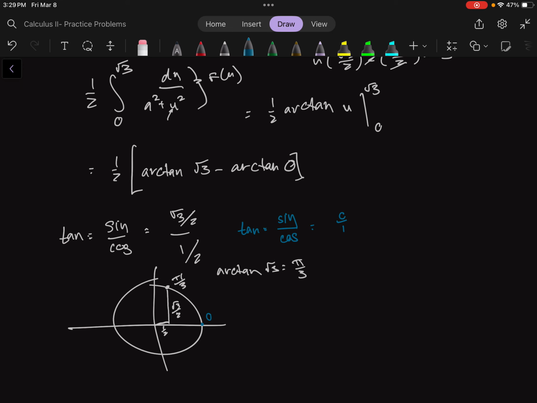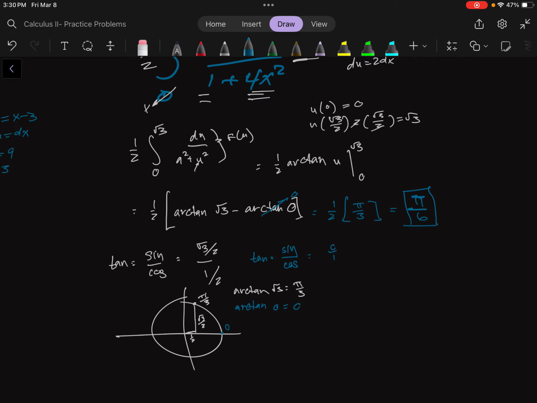At 0 degrees, or 0 radians, sine is equal to 0 where cosine is equal to 1. So arctan of 0 is just 0. In other words, tangent of 0 degrees will give you 0. So now we have 1/2 times pi over 3 to get our final answer, pi over 6. That one's not too bad.